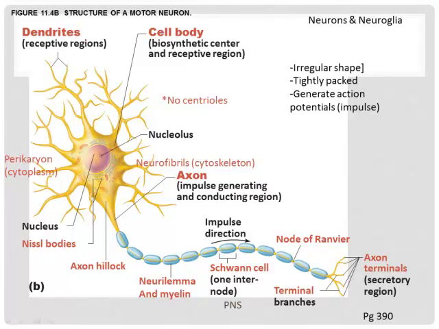And then from the nucleolus, you've got the axon, and the axon is interesting because it is wrapped with what we call the myelin sheath, and it's composed of lipids.